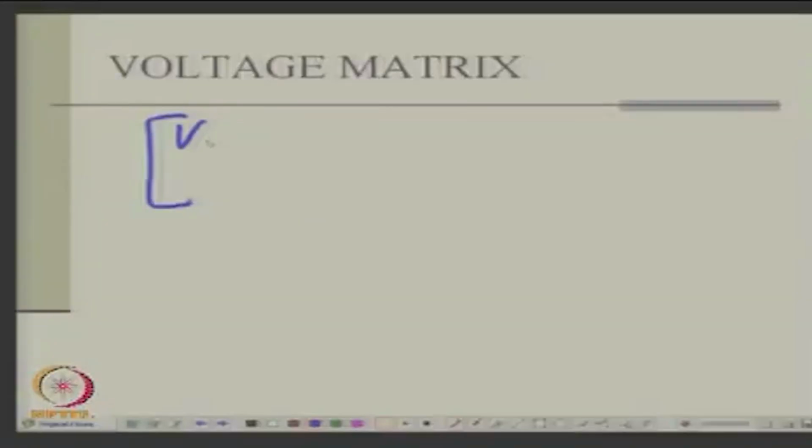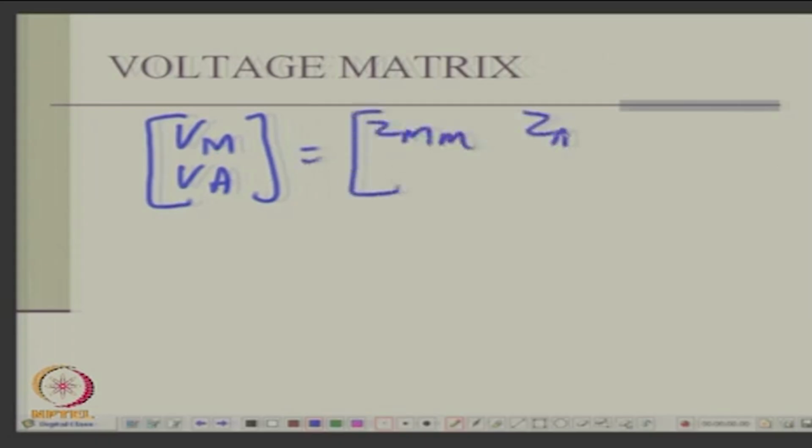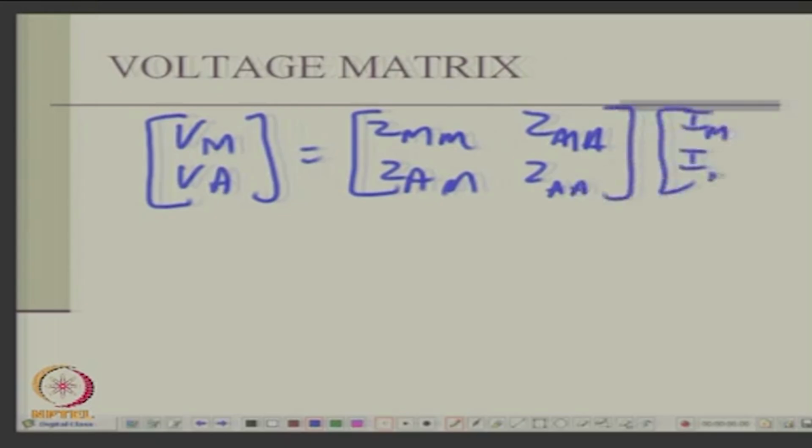Then you can easily write VM, VA will be equal to the matrix ZMM, ZMA, ZAM, ZAA times IM and IA. I think there is no problem here.